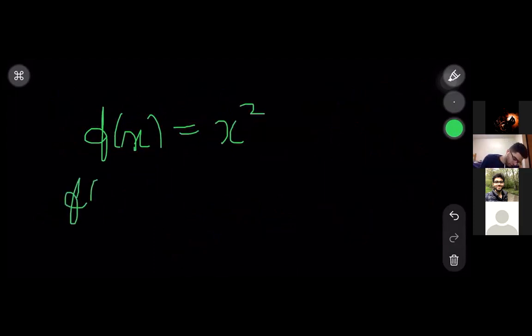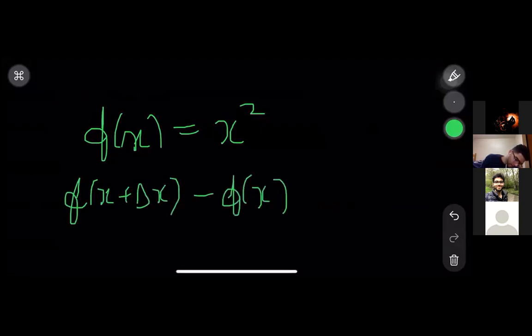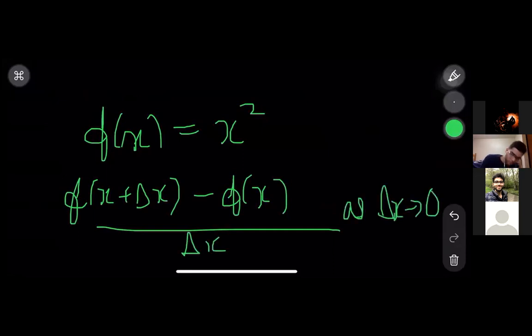Try to do f of x plus delta x minus f of x divided by delta x as delta x goes to 0. Try to do it for this particular question, and it should not be too hard. It's a little harder than the 3x plus 5, but I don't think it'll be that bad.